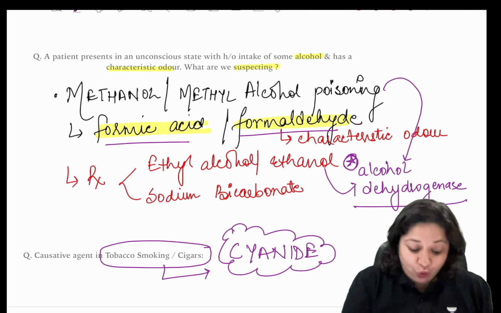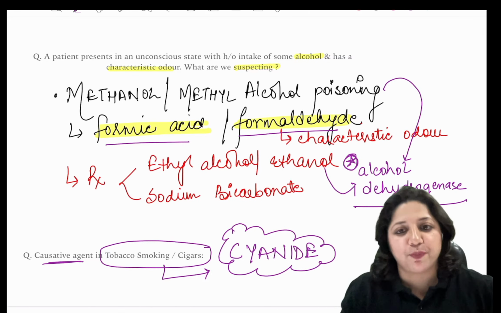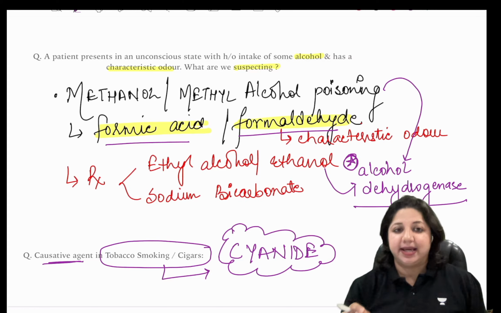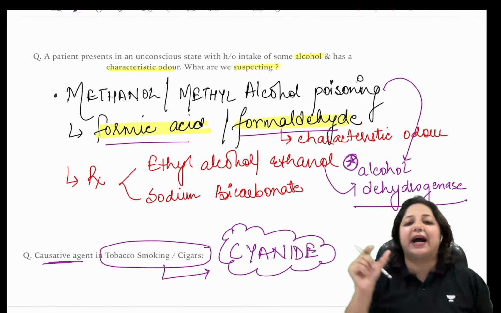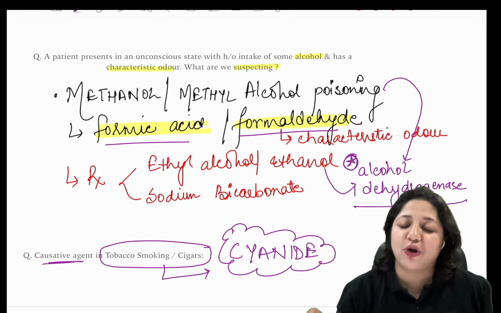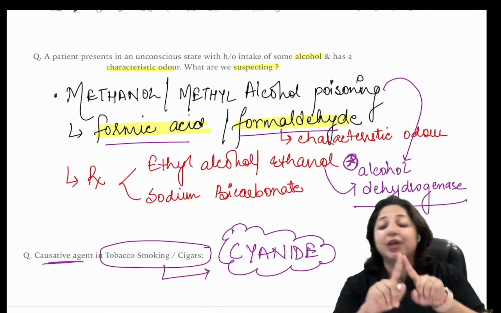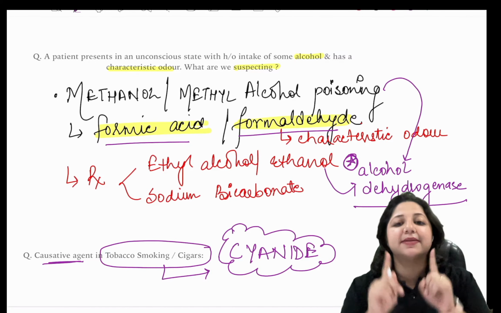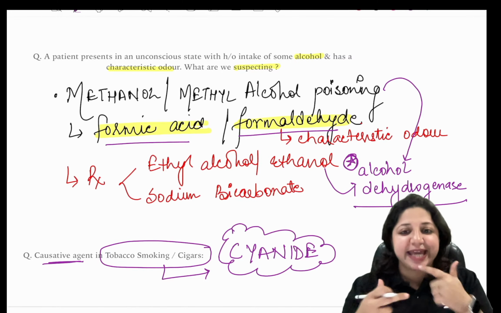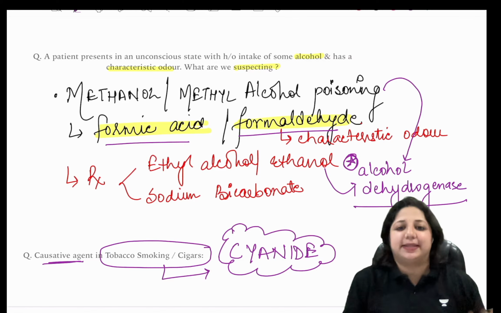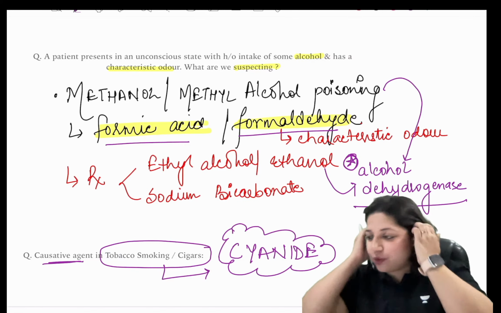So my question was the causative agent in tobacco smoking or cigar for causing toxic neuropathy. That is cyanide. I did not ask the agent in tobacco smoking or cigar which causes toxic neuropathy. That would have been nicotine. So now do you get the difference between the two? This is what I mean to say. The person who has patience yet is quick is the one who leads the line. All right? Do you understand the difference now?